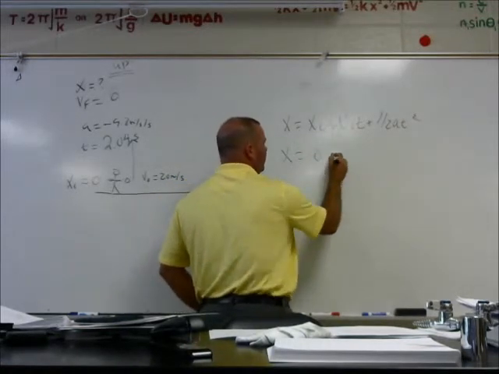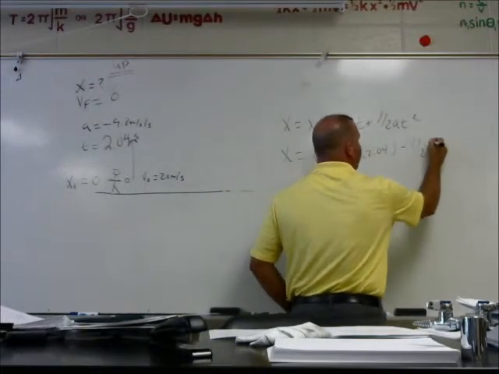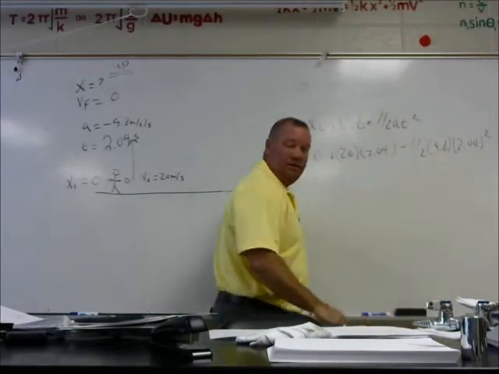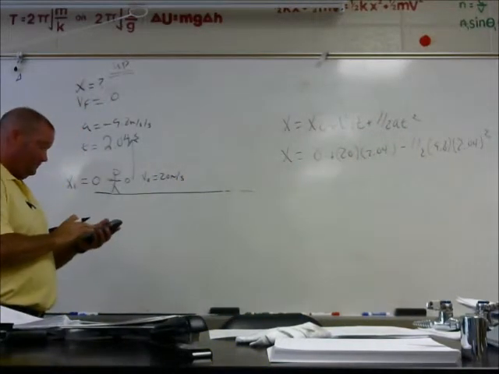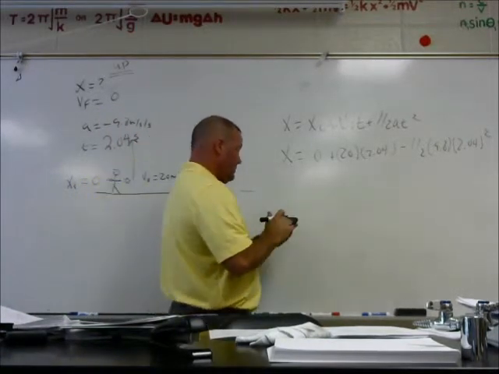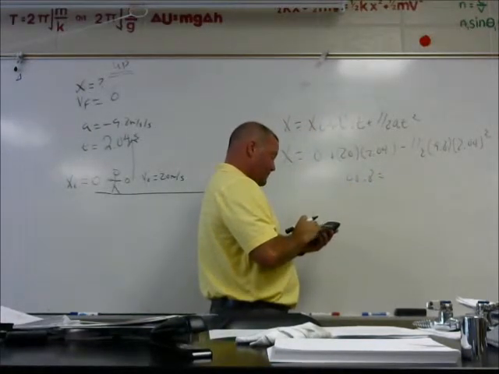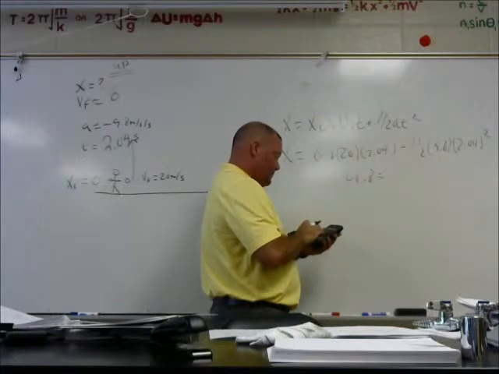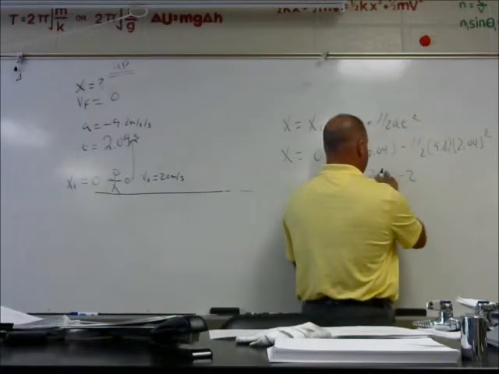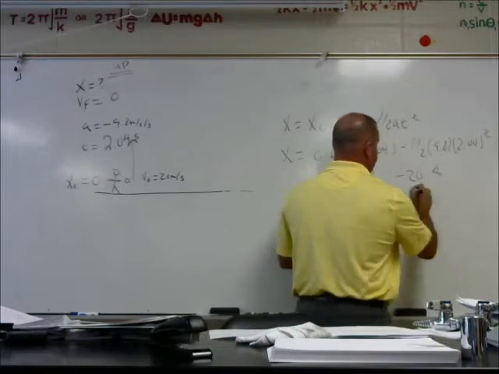My initial is 0. 20 times 2.04 minus 1/2 of 9.8 times 2.04 squared. And I get 20.4 meters. We good there?